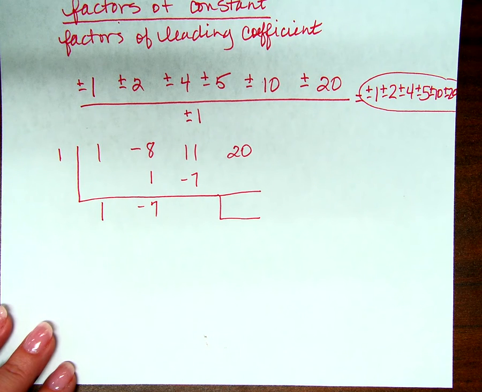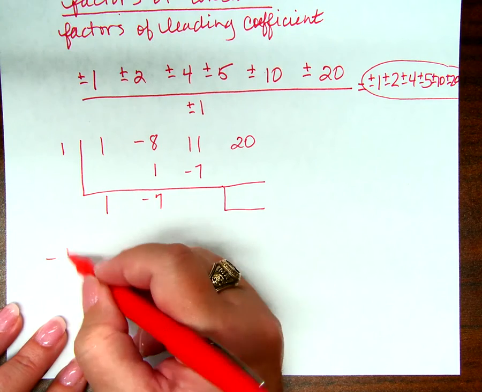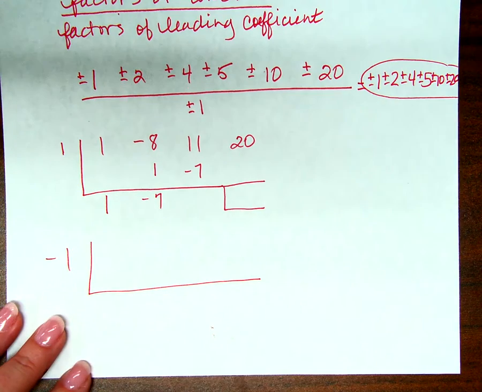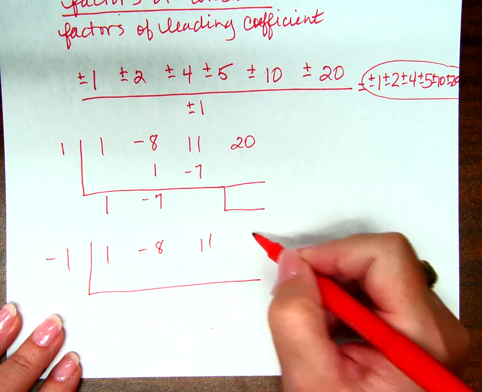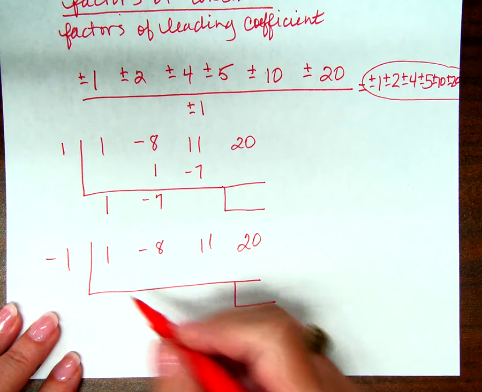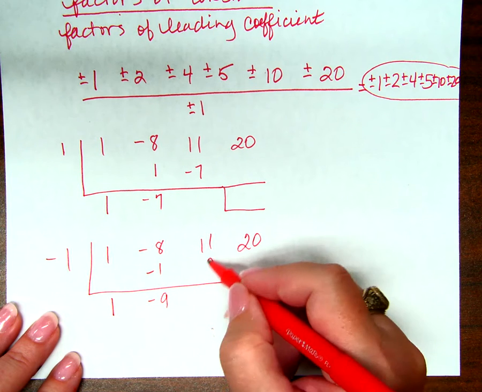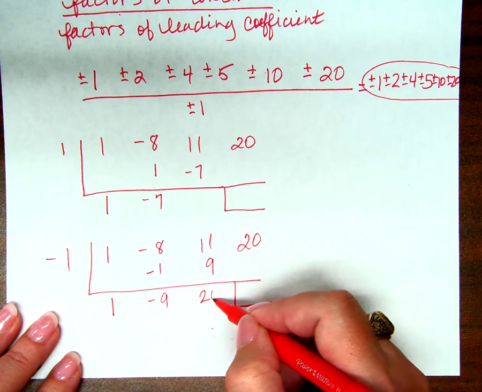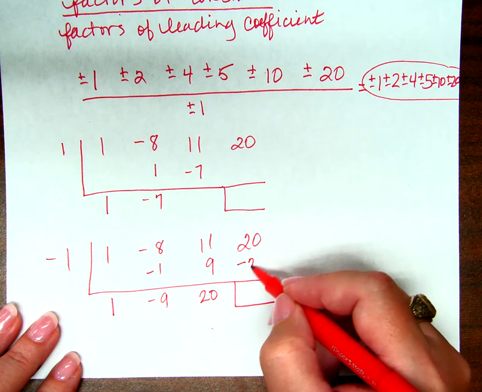Are you freaking out? Good. Now what? Negative 1. Excellent. Good choice. 1, negative 8, 11, and 20. 1, negative 1, negative 9, 9, 20, negative 20.